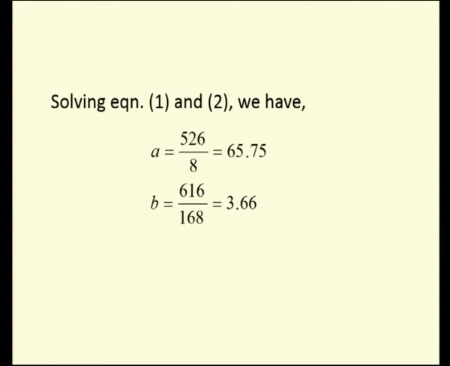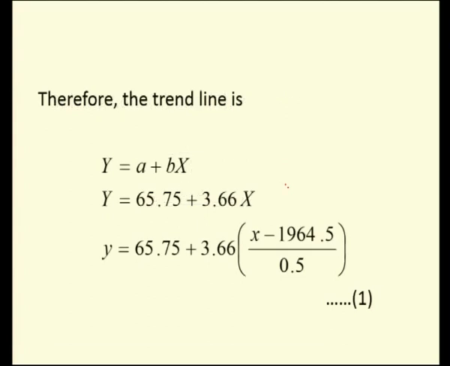So, a is 526 by 8, which gives you 65.75, and b is 616 divided by 168, which is 3.66. Therefore, my trend line is y is equal to a plus bx, where I have estimated the values of a and b and substituted them.